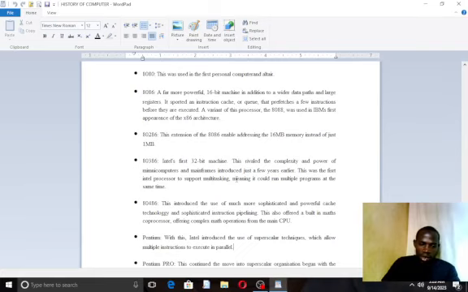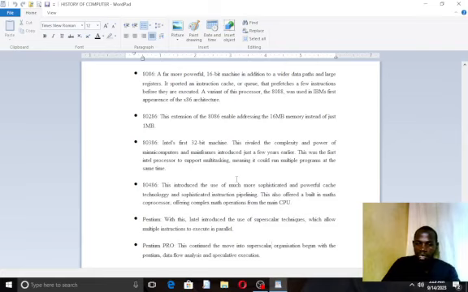The other one is the 80486, and this introduced the use of much more sophisticated and powerful cache technology and sophisticated instruction pipelining. This also offered a built-in math coprocessor, offloading complex math operations from the main CPU.